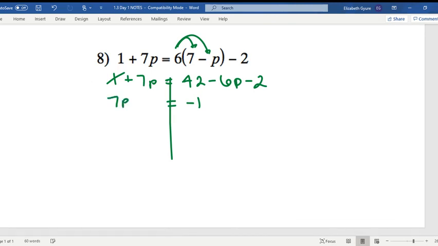Right, and then I've at least worked on those two, right? Brooklyn, what do you think about the 42? It is going to stay. So put your plus 42. Annalise, what about that negative 6p? Yeah, move it over, make it positive, very good. And then we're just going to drop down our negative 2. Final step's going to be to simplify.